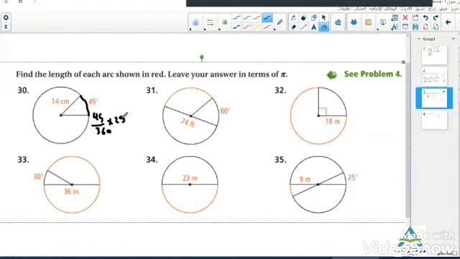Leave pi, Ahmed. Don't substitute for it, just leave it as pi, and multiply 45 over 360 times 28 and write it down. Good idea? Okay.